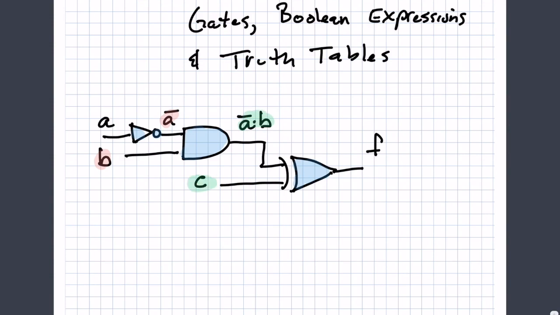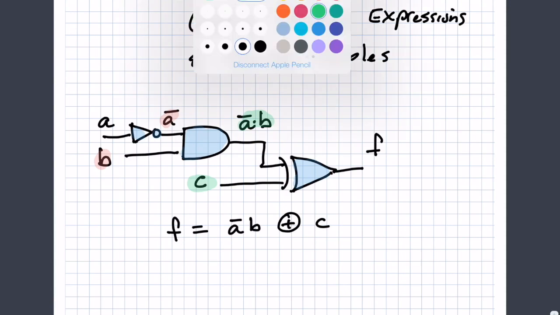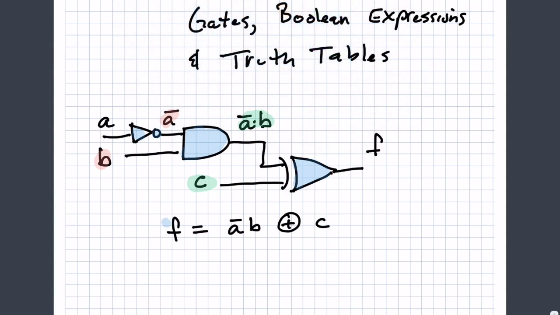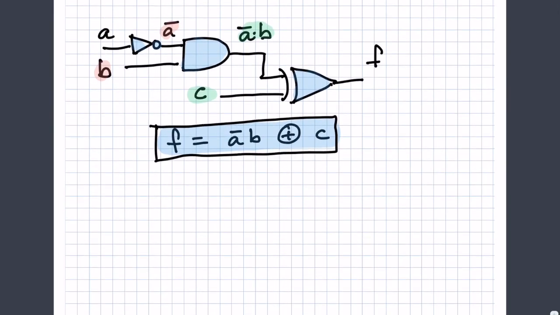So F would then be A bar B. The symbol for exclusive OR is an OR symbol with a circle around it, exclusive ORed with C. All right, so this is what we would call a Boolean expression. And this would be the answer if I asked you for a Boolean expression on an exam. All right, so I think that's pretty straightforward.